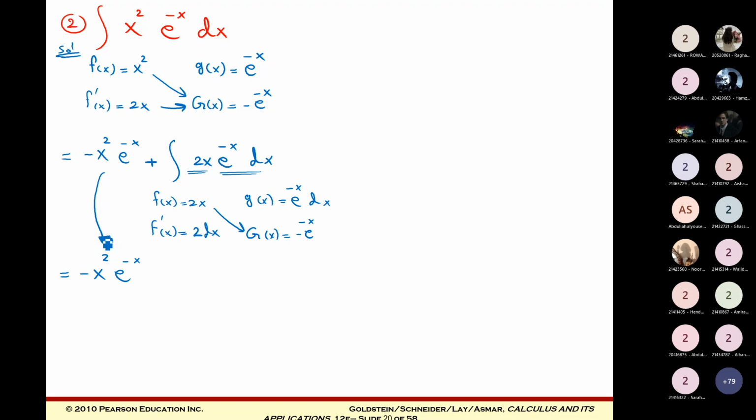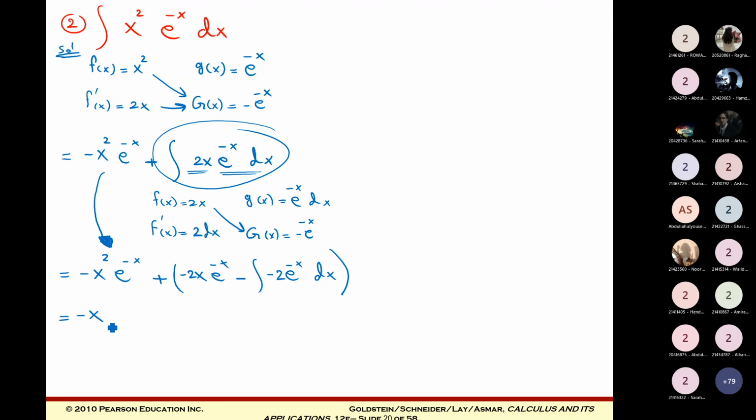Just put it as it is, plus. Now this integral equals negative 2x e to the power minus x minus the integral of negative 2 e to the power minus x dx. Here we have minus x squared e to the power minus x and minus 2x e to the power minus x.